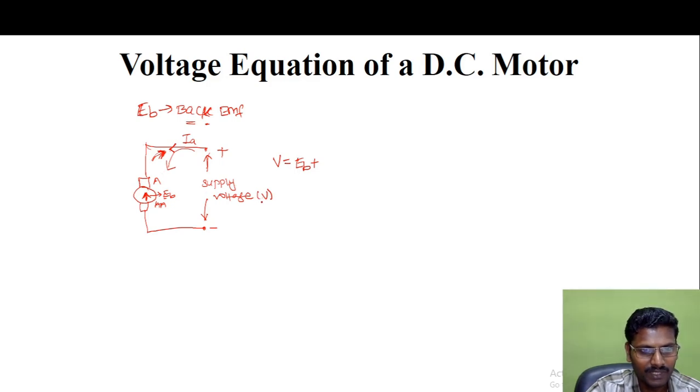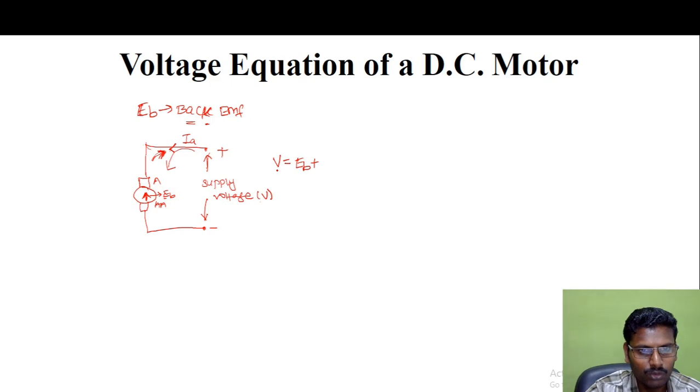For example, if you supply 10 volts, this 10 volts is consumed by the brush as well as the armature resistance drop, and then the back EMF. So we equate the input to the output with losses.